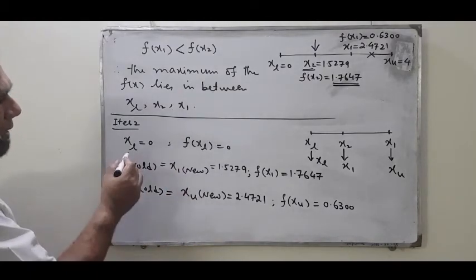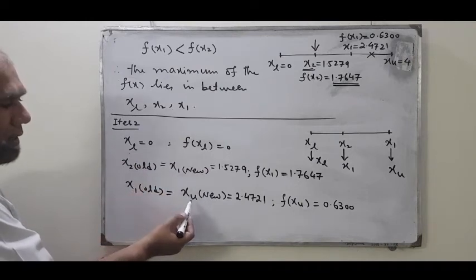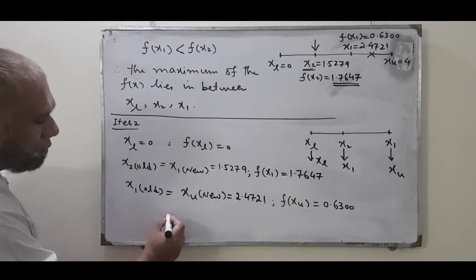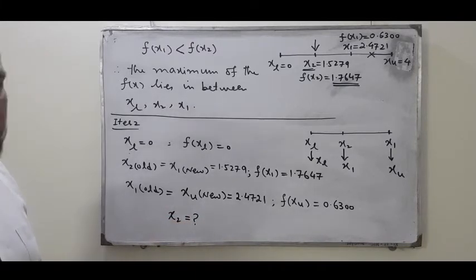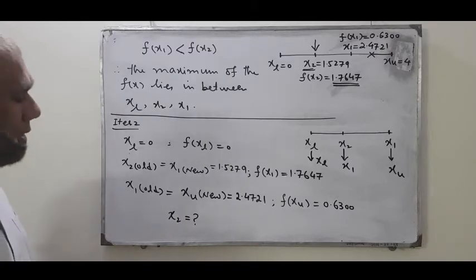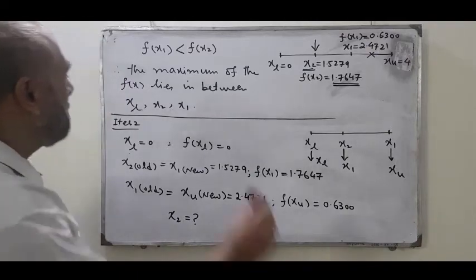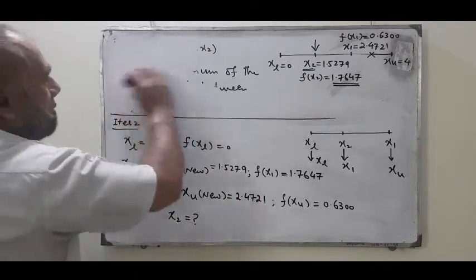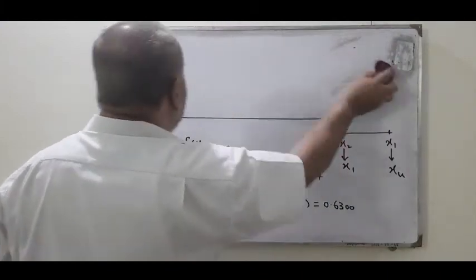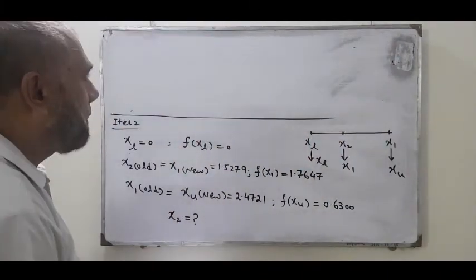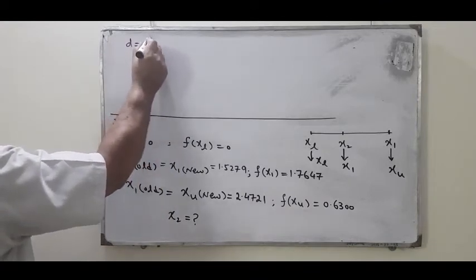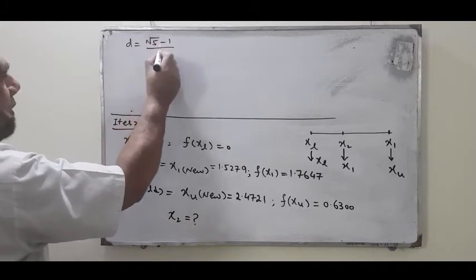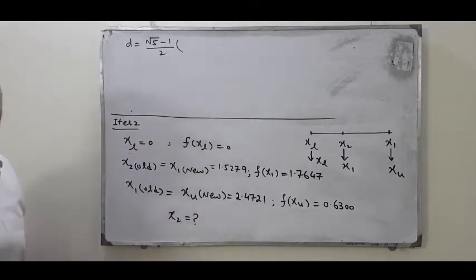Now if you check it, we have xl, x1 and xu. The fourth point is of course x2, and this is the missing term. We have to find it out. Now to calculate this x2, we proceed on the same lines as we did in the previous case. So first of all, we'll be calculating d. And to calculate d, we use the formula d is equal to square root of 5 minus 1 by 2 times the length of the interval.